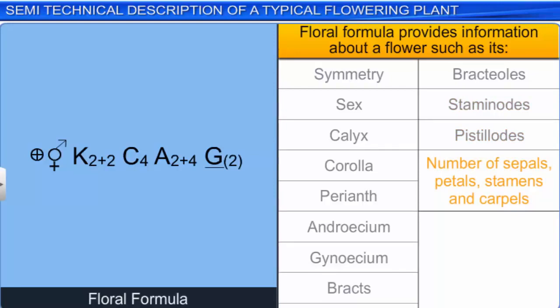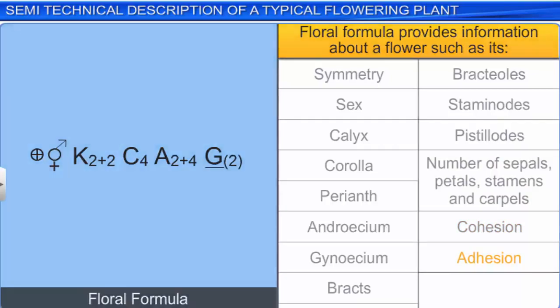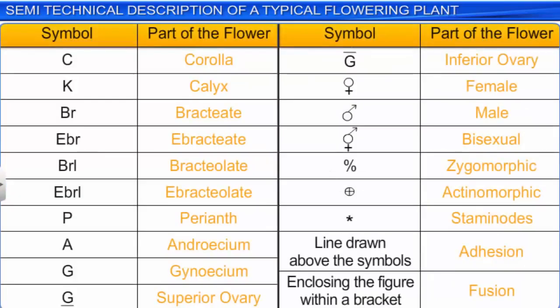The formula also explains cohesion and adhesion within parts of whorls and in between the whorls with the help of symbols. Some of the symbols used to represent the different parts of a flower and the relationships between these parts are as shown.